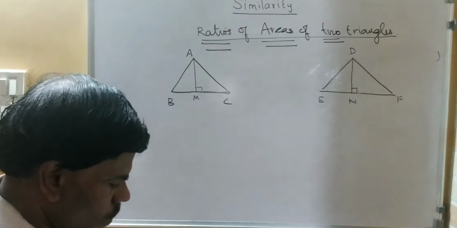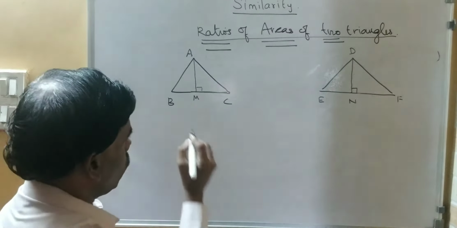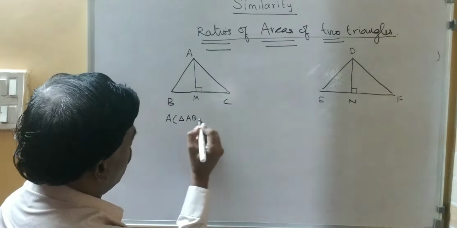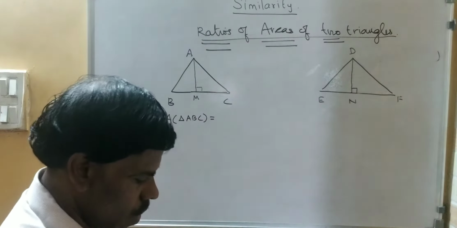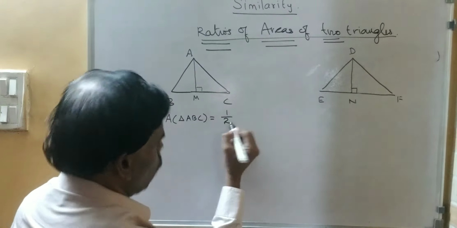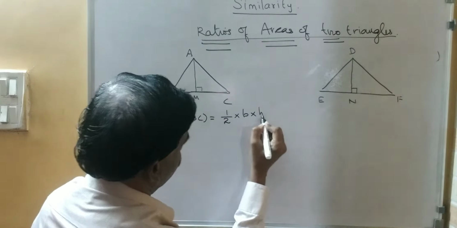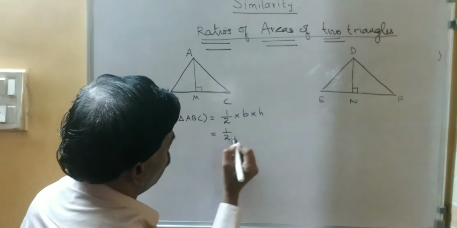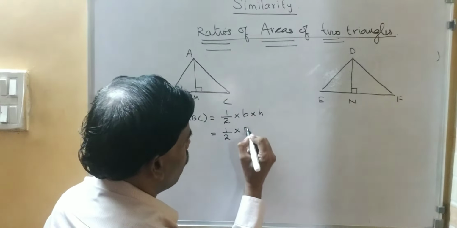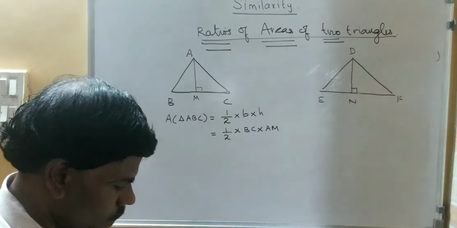Now what we are going to do is find out the area of triangle ABC. What is the area of the triangle? Half into base into height. So half into, what is the base of the first triangle? BC. What is the height? AM. Right?